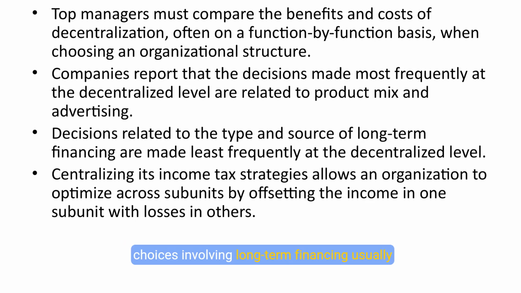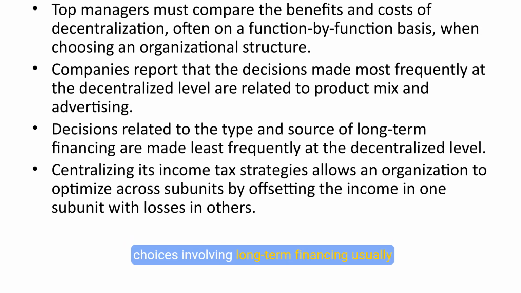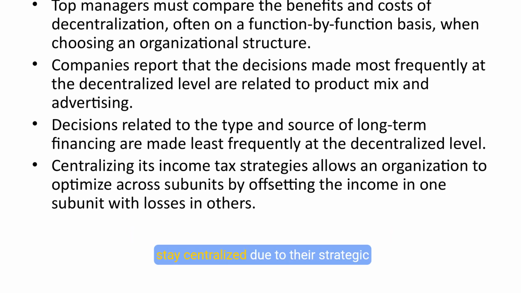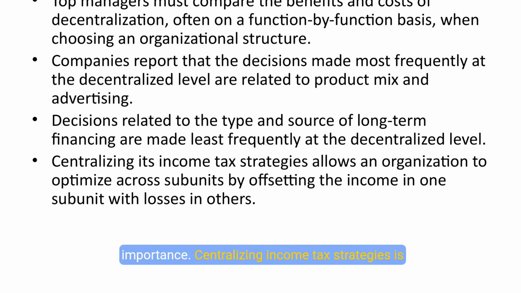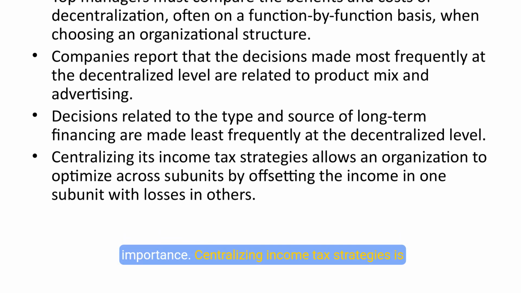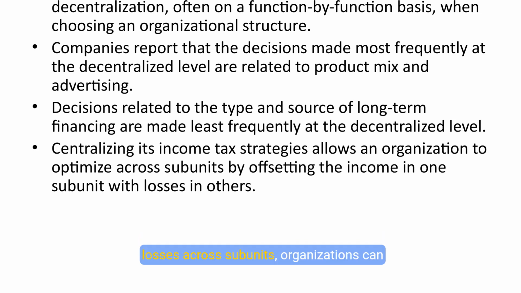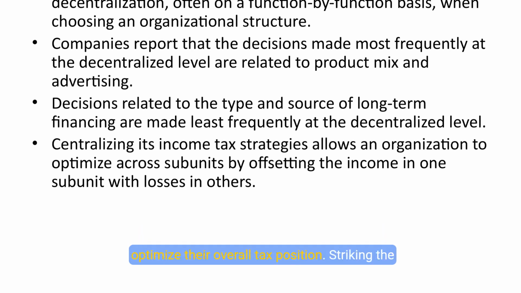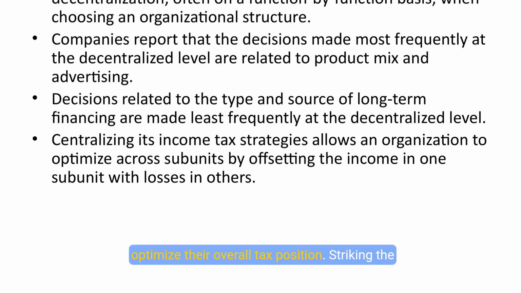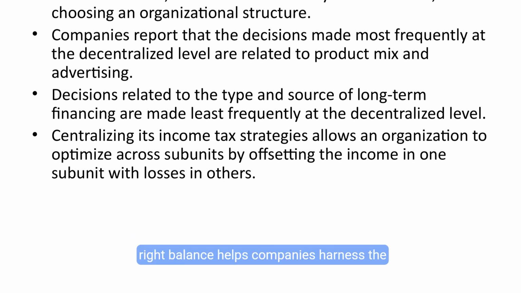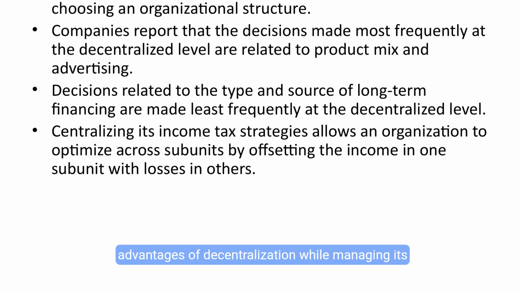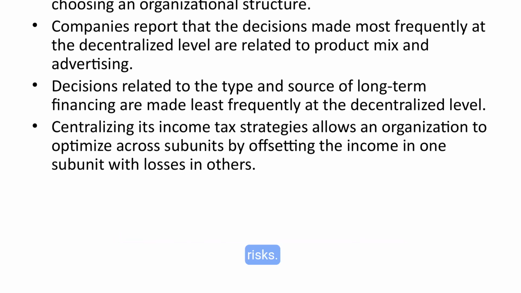On the other hand, choices involving long-term financing usually stay centralized due to their strategic importance. Centralizing income tax strategies is especially valuable. By pooling profits and losses across subunits, organizations can optimize their overall tax position. Striking the right balance helps companies harness the advantages of decentralization while managing its risks.